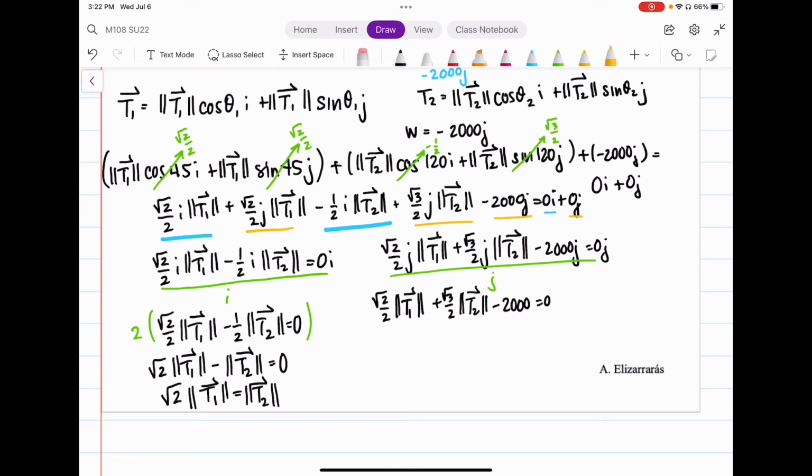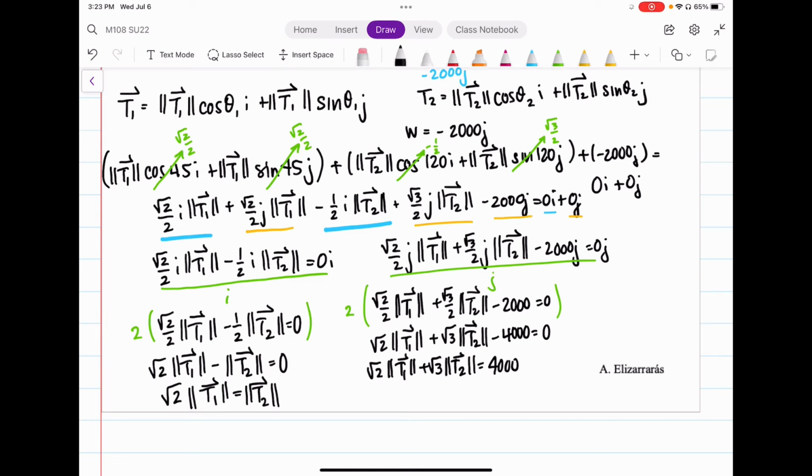I can also multiply by 2. 2 times root 2 over 2 again is just root 2. 2 times root 3 over 2 is just root 3. 2 times 2000 is 4000, and 2 times 0 is 0. I'm going to add 4000 to both sides. And now I know that T2's magnitude is equal to root 2 times T1.